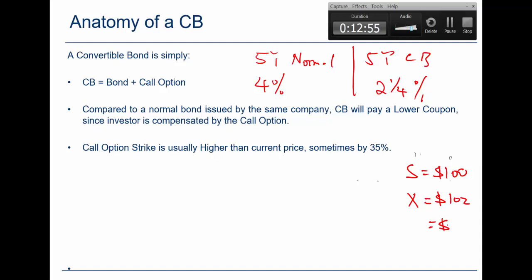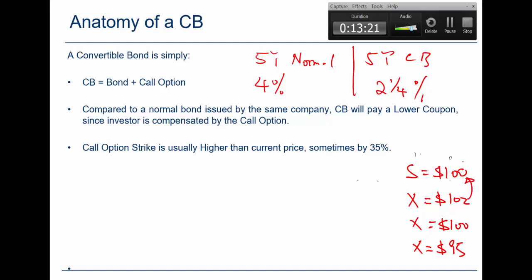Sometimes even the same as the spot price. I have even seen CBs where the strike is less than the spot price, okay? I think that says to me it's just a different market. So in China, lots of very interesting deals, but mostly these are very, very close to the spot price.